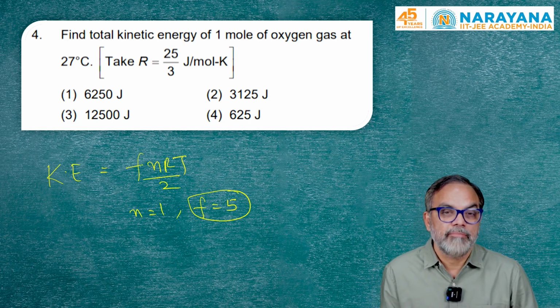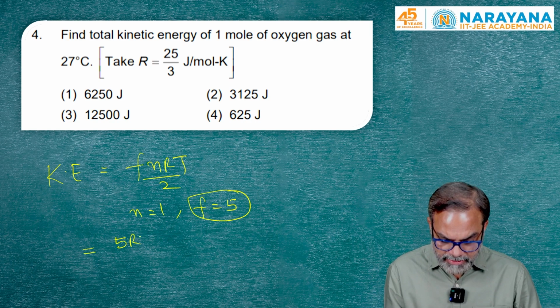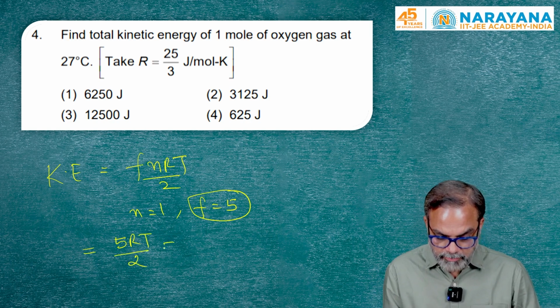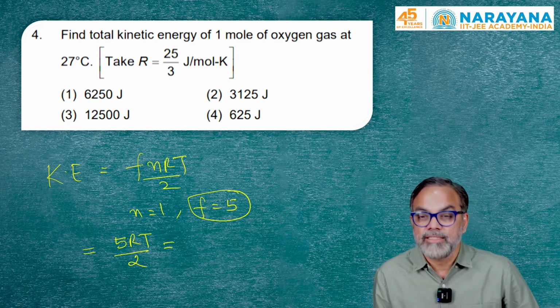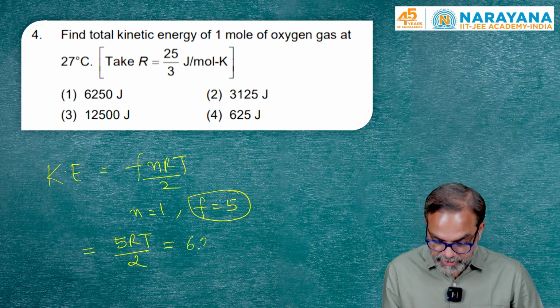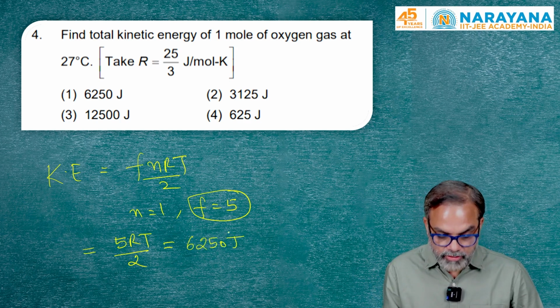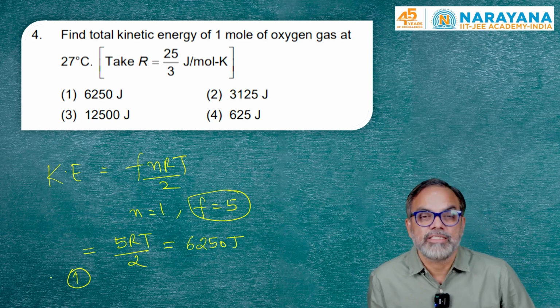So when we make substitution, the kinetic energy becomes 5 RT by 2, making substitution of the values of R and temperature. Be alert, it is to be substituted in Kelvin. When we make substitution, we get 6250 joule. So our answer 1 is the correct answer for this question.